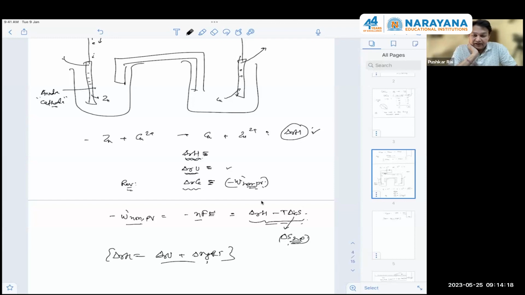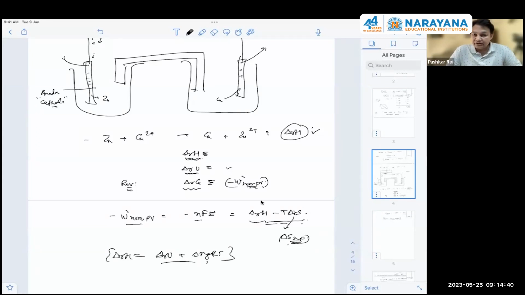And if I ask you delta S surrounding, what will be your answer? And if I ask you delta S total, what will be your answer? That is what I am going to ask here. Most controversial part. What about delta S surrounding, and what is delta S total in this particular process? Anyone?